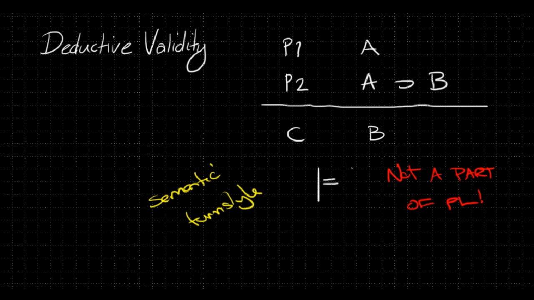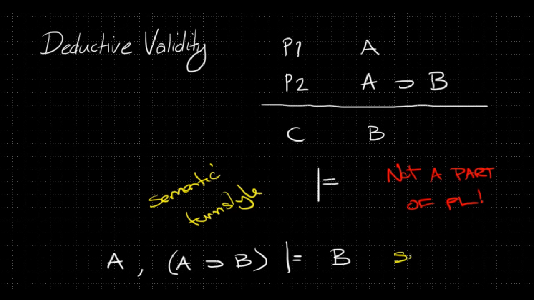Nonetheless, it can be used to say some interesting stuff about strings of formulas in PL. So where we'd had this written out in standard form, A then B, therefore B, using the semantic turnstile, we'll write out the formulas like this. A, A then B, let's put that in brackets as well, turnstile B. Okay? And formulas written in this way are called a sequent.